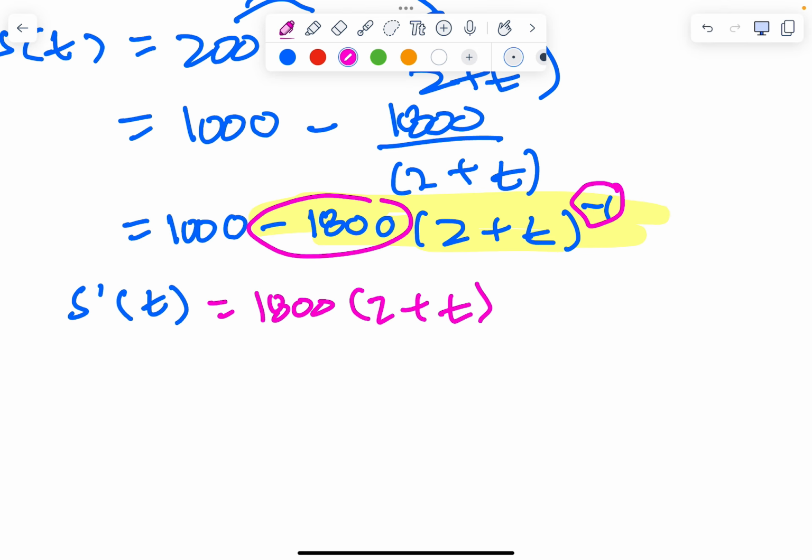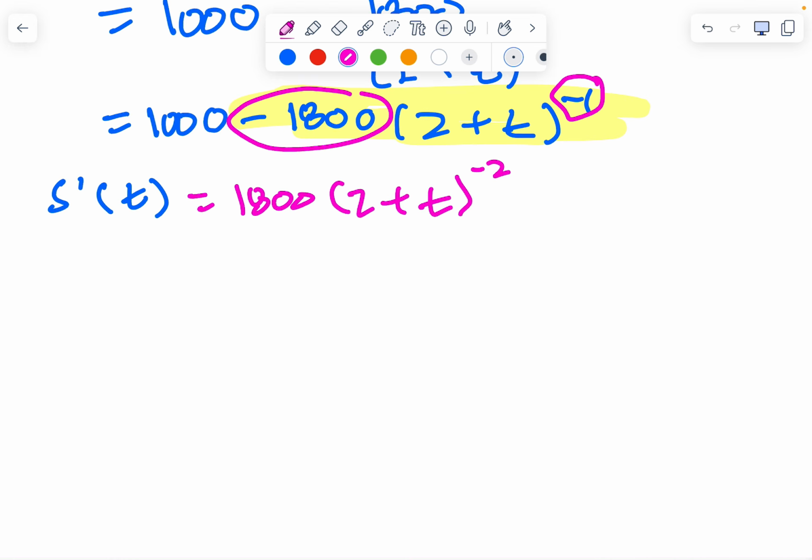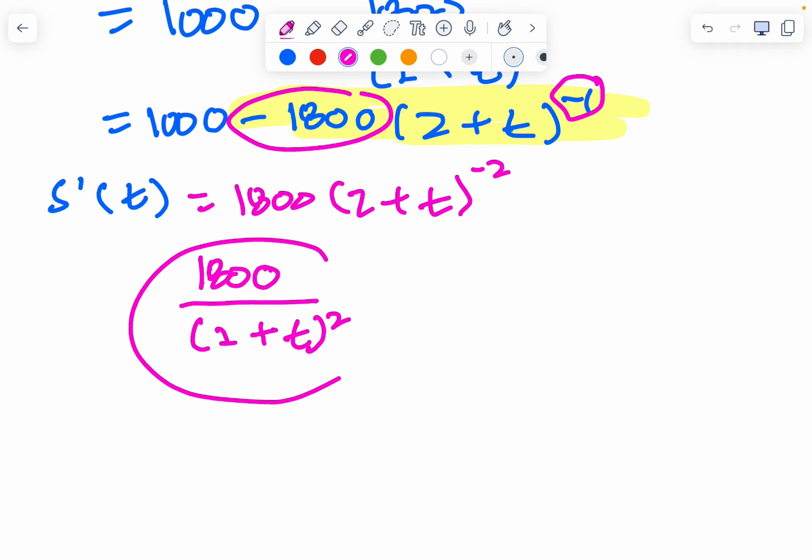What is 1 less of negative 1, everybody? Negative 2. Now when I derive the t, do I have to write times 1? No. So let's make this in a better form. You can leave it like this since we're using Desmos. But just for teaching purposes, I am going to rewrite this with the positive power. So here I go. This is my IROC. Do we all see that?